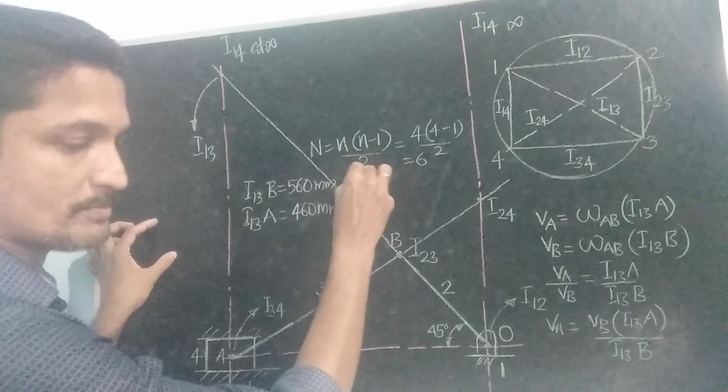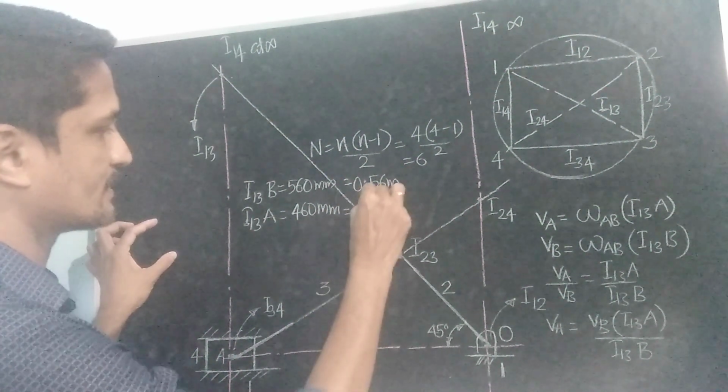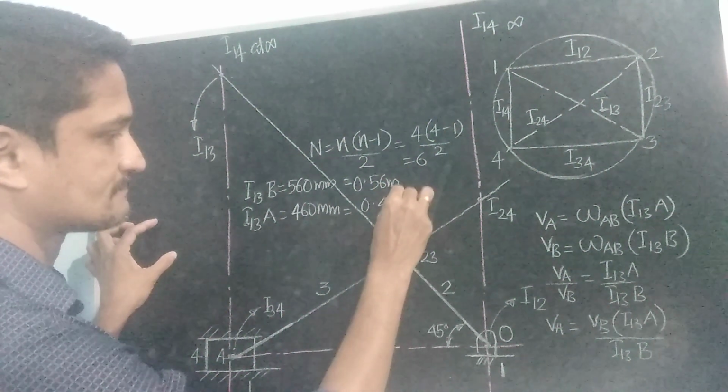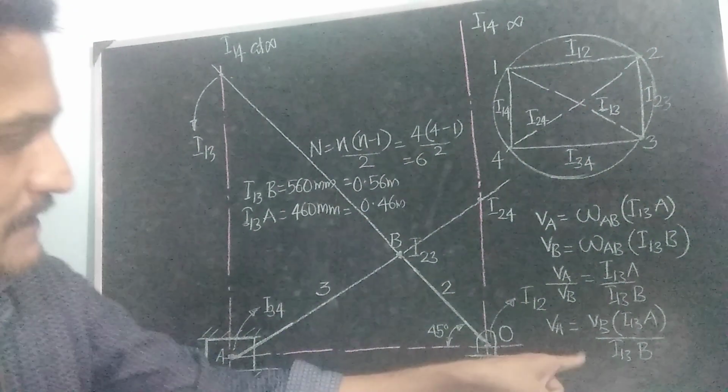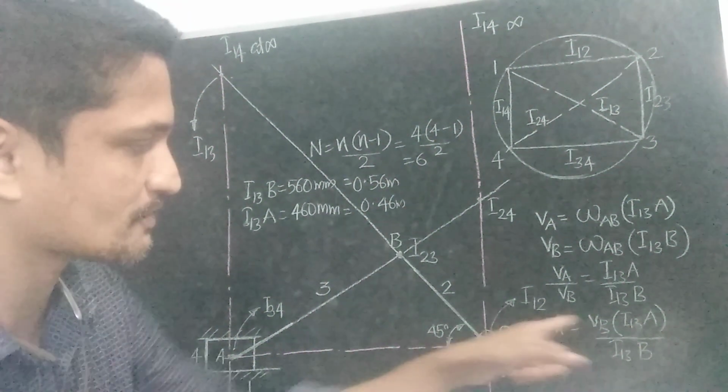That is equal to 0.56 meter, and this one is equal to 0.46 meter. By substituting these values here, we must find VB in order to find VA.